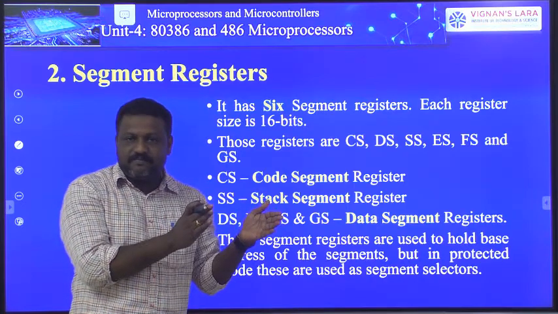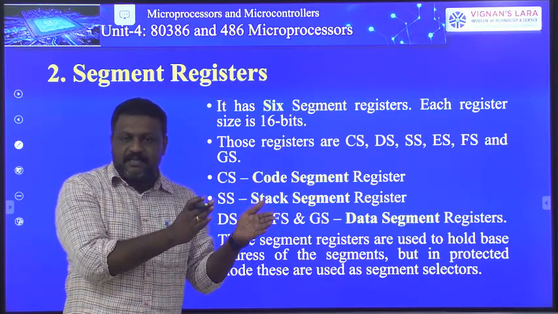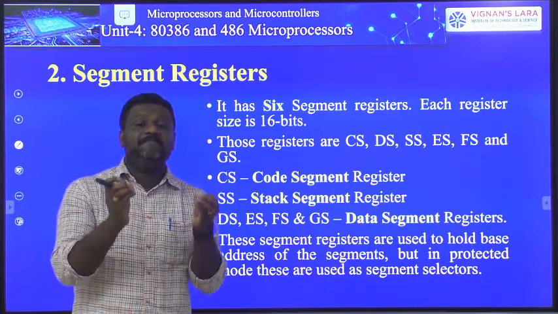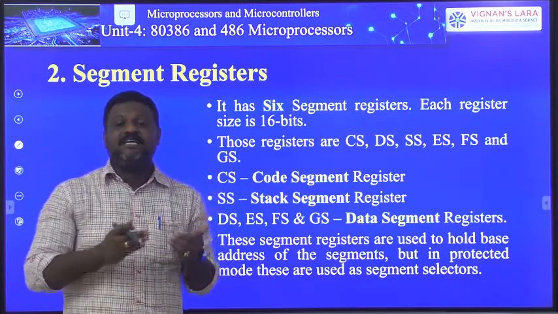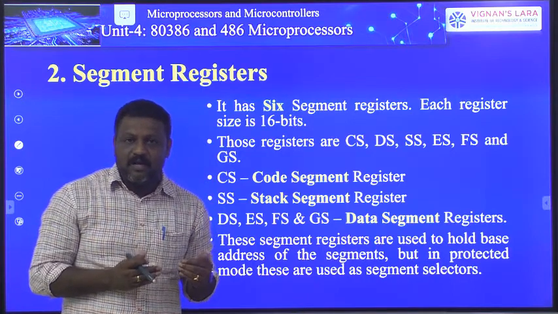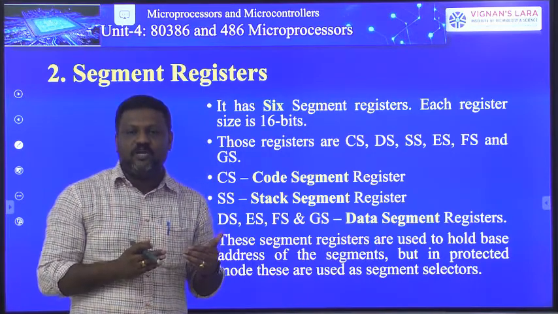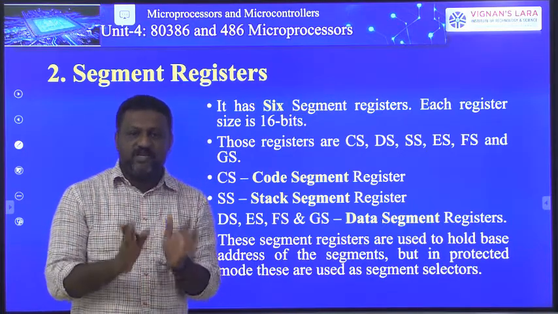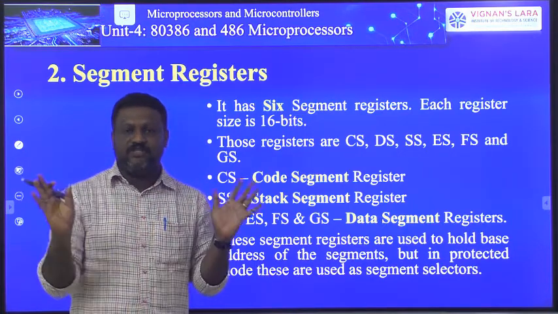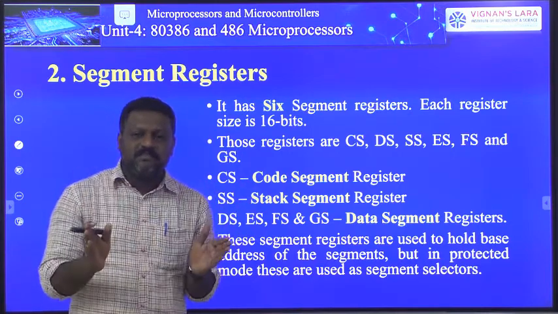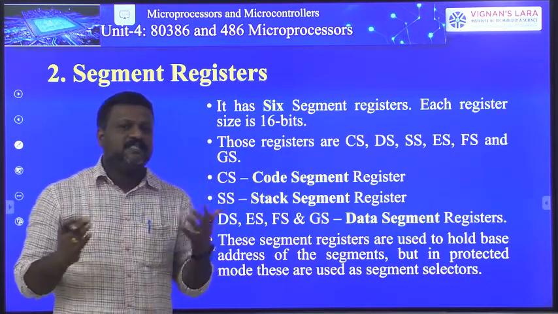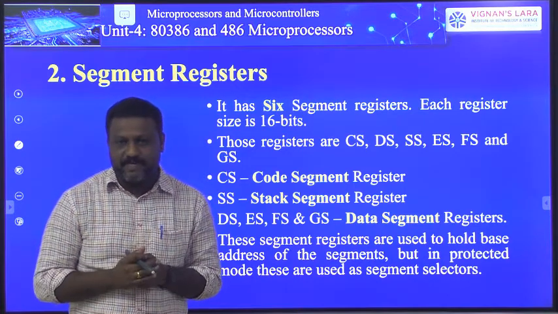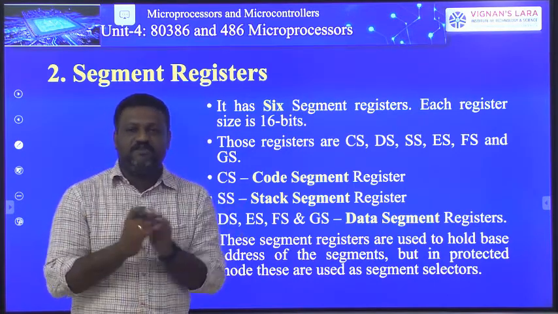The segment registers are simply used to hold the starting address of the segments, or the base address of the segments. Simply, the segment registers are address registers, because they are only used to hold the starting address of a segment, which we call the base address of a segment. So this is one thing you have to remember.